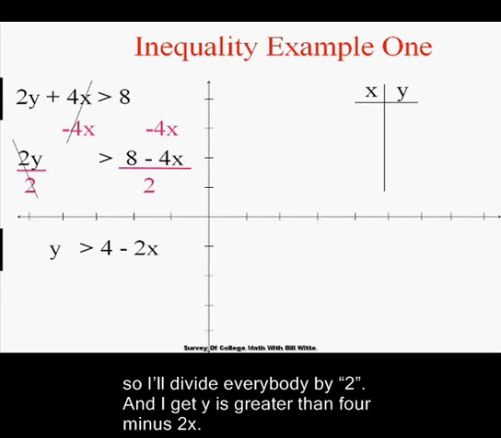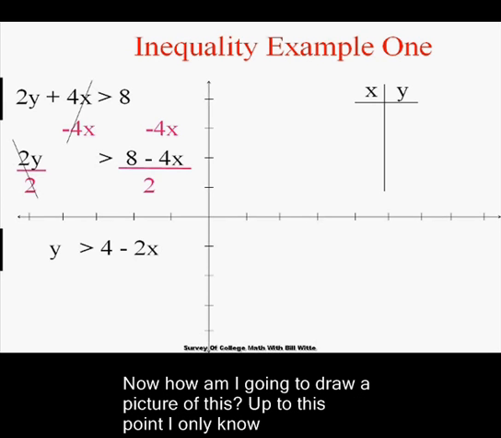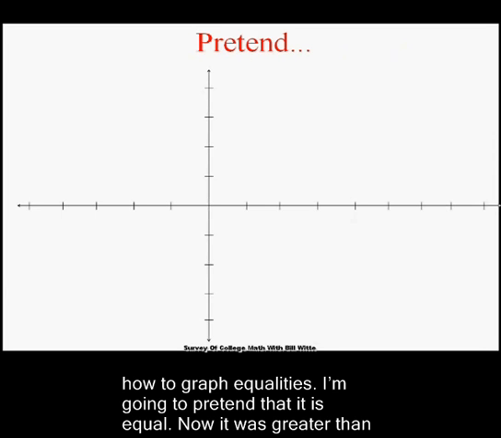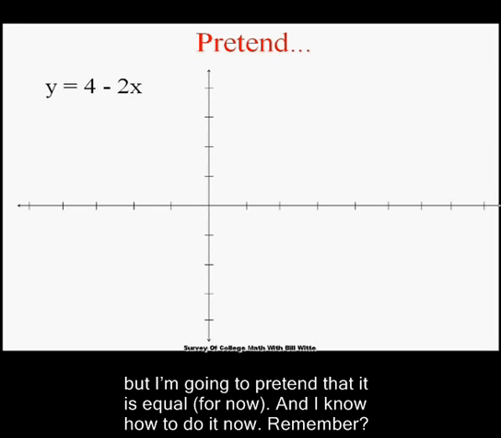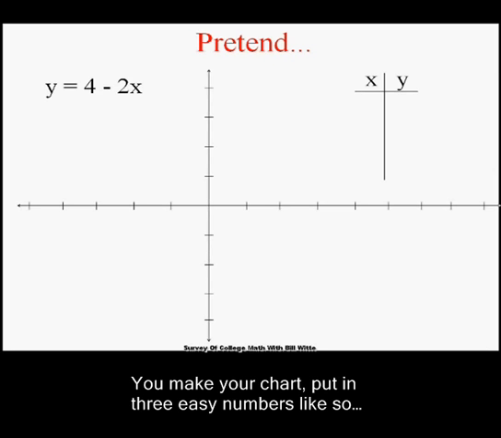Now, how am I going to draw a picture of this? Up to this point, I only know how to do equalities. Welcome to Fantasy Island. Well, you know what I'm going to do? I'm going to pretend that it is equal. It was greater, but I'm going to pretend it's equal. And then I know how to do it. Remember, you make your chart, put in 3 points, put in 3 numbers. Put in the easiest 3. I'll put in 0.